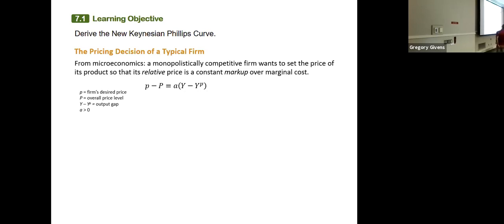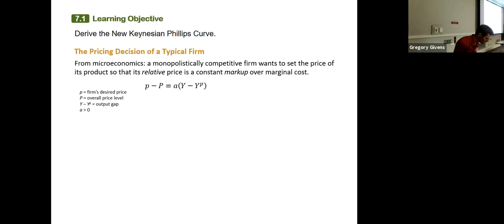Similarly, the right-hand side is the output gap. It's the percentage deviation between actual output, Y, and potential output, YP, where again, these are written in natural logarithms. A is just some constant bigger than 0, okay?